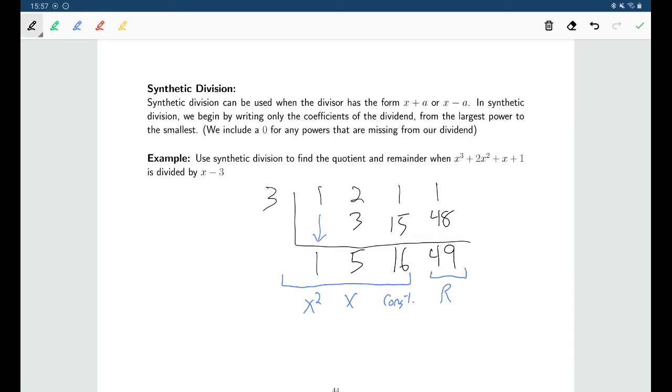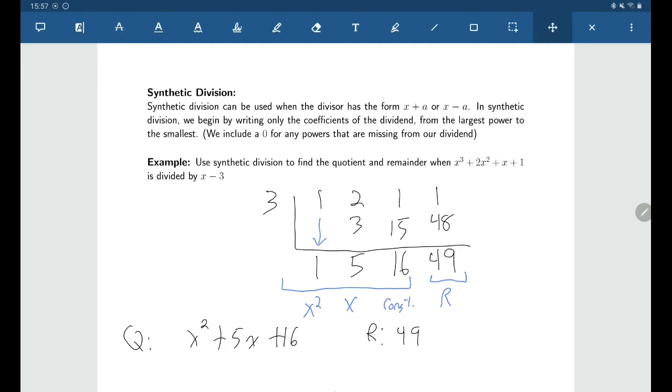So from this, you can say that your quotient should be 1x squared plus 5x plus 16, and that your remainder should be 49.